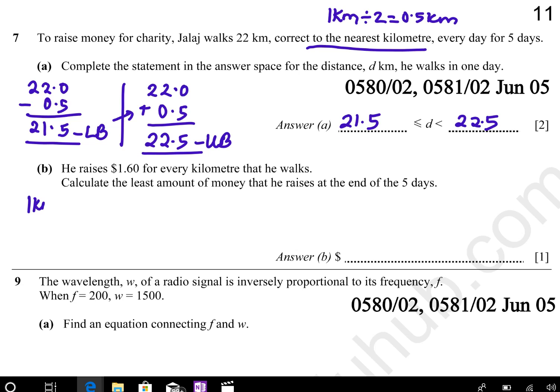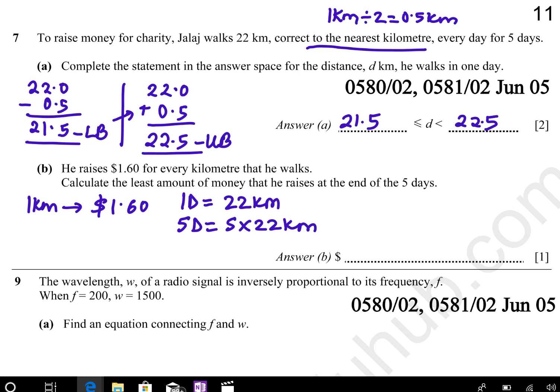Now he raises $1.60 for every kilometer that he walks. So for 1 kilometer, he has raised $1.60. In one day he has walked 22 kilometers, so in 5 days he has walked 5 into 22 kilometers.